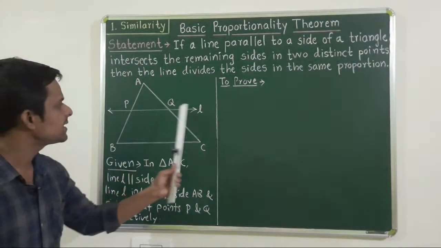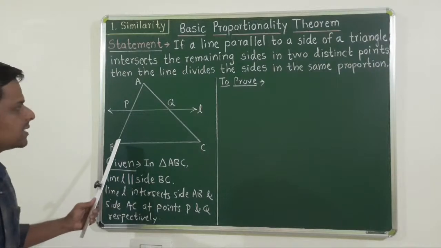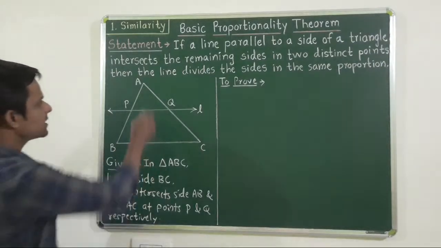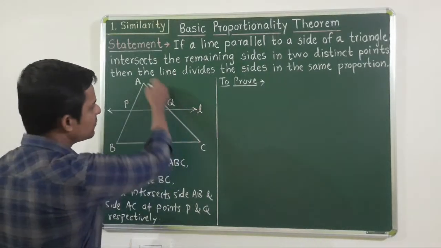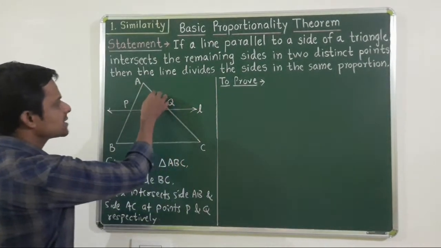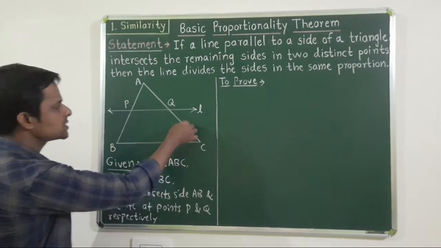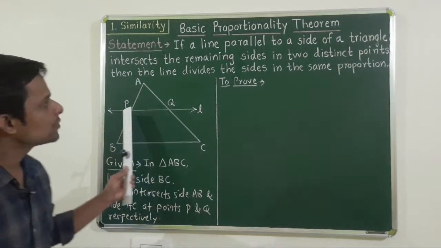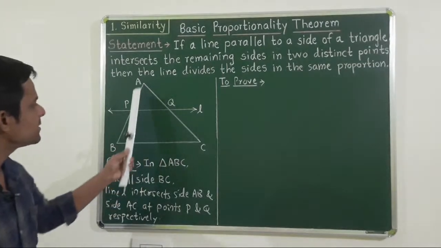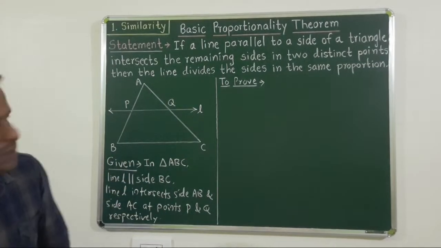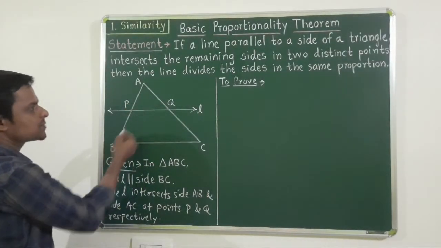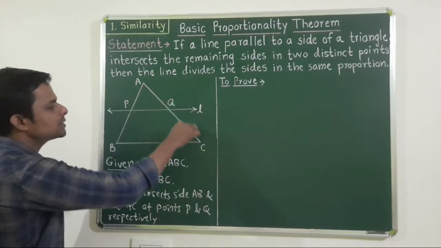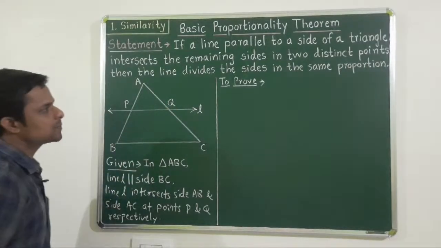Because of this line L, side AB is divided into two parts, segments AP and PB. Also line L divides side AC into two parts, segment AQ and segment QC. Now we have to prove that line L divides segments AB and AC in the same proportion, means we have to prove AP upon PB is equal to AQ upon QC, so all these four segments are in proportion.